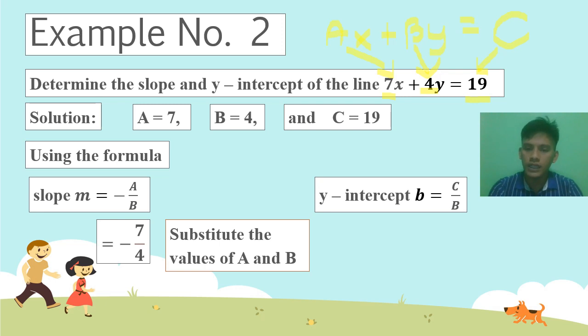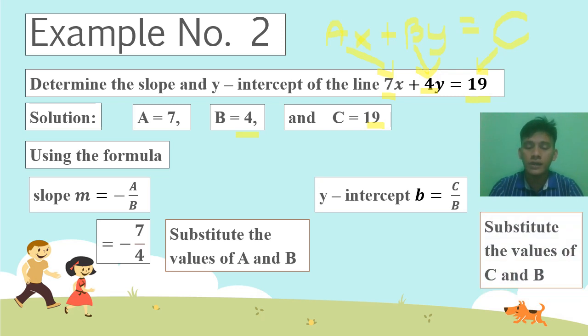The value of c is 19 and the value of b is 4. Substituting the values, our c is 19, our b is 4. That's why 19 over 4. 19 over 4 is already in simplest form, and that will be our final answer.